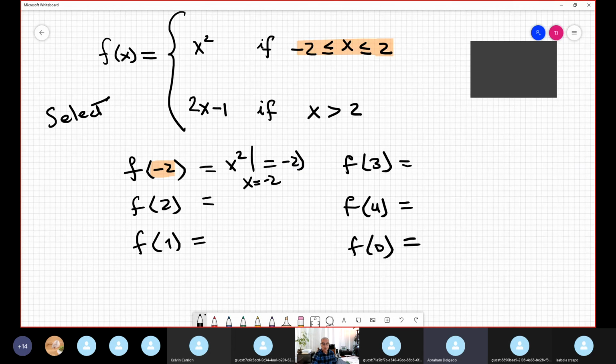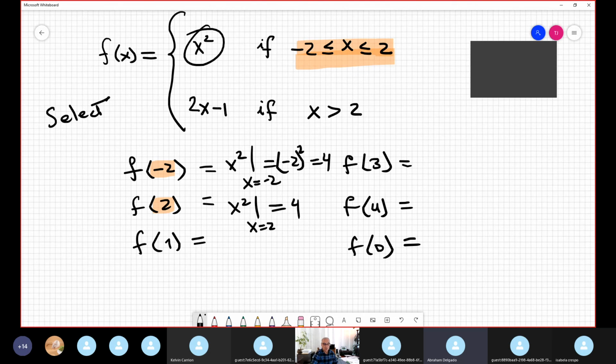Entonces -2 squared, que 4. Do you see? Now 2 positive. Again, belongs to this. Same thing. Entonces, x squared, you take this expression because this is matching with this interval such that x equal to positive 2. The answer is the same, 2 squared is 4.